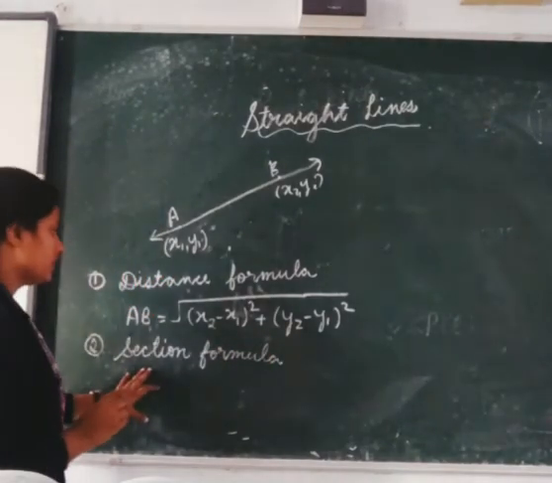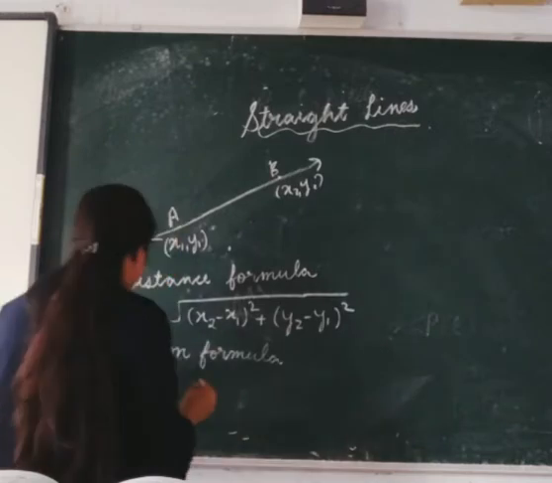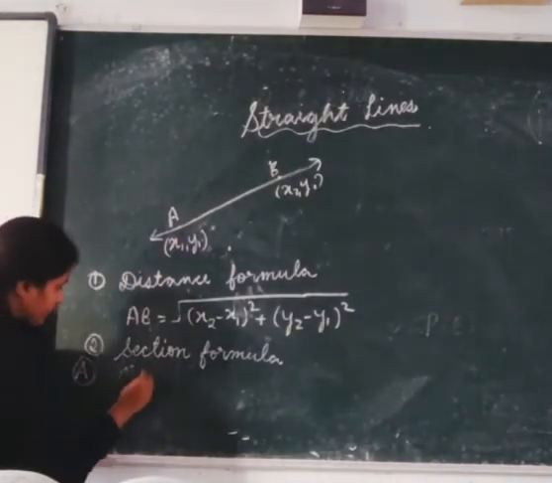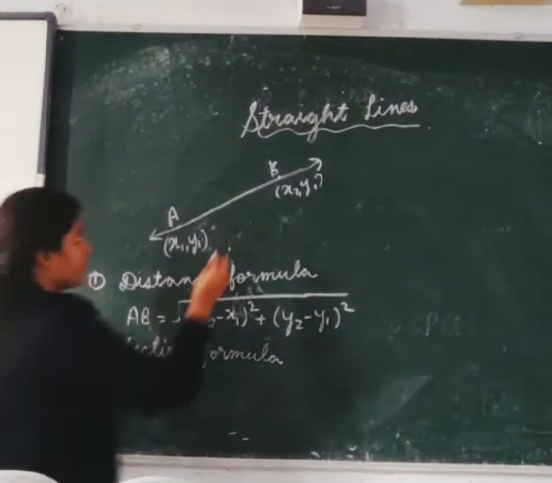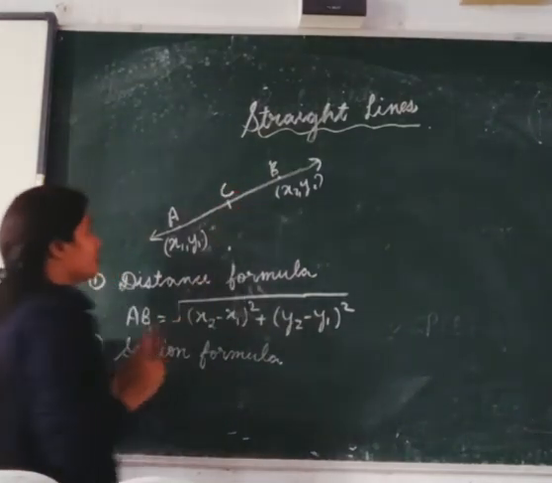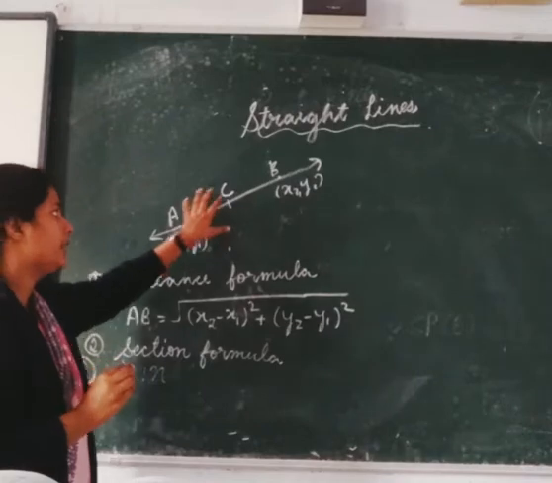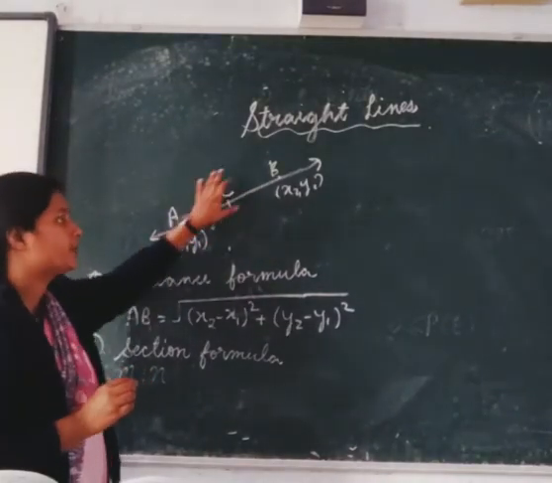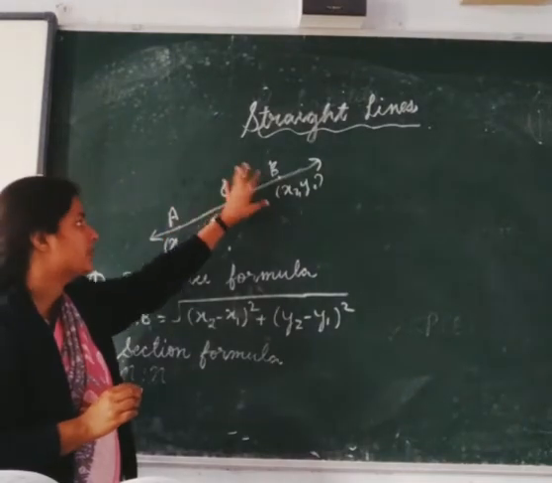Let us suppose in the section formula we have 2 categories. So first, let us suppose that there is a ratio of m and n. Let us suppose we have a point C, which divides the line AB internally in the ratio m is to n.